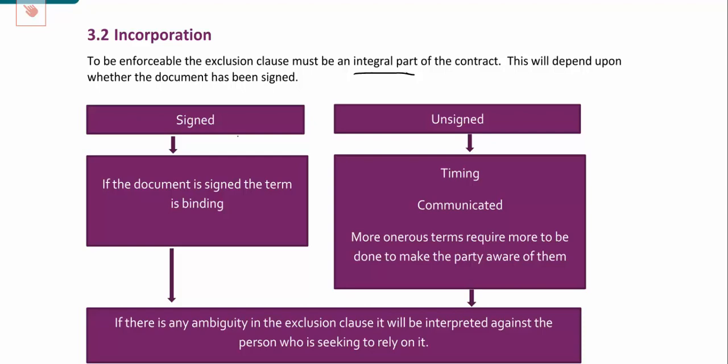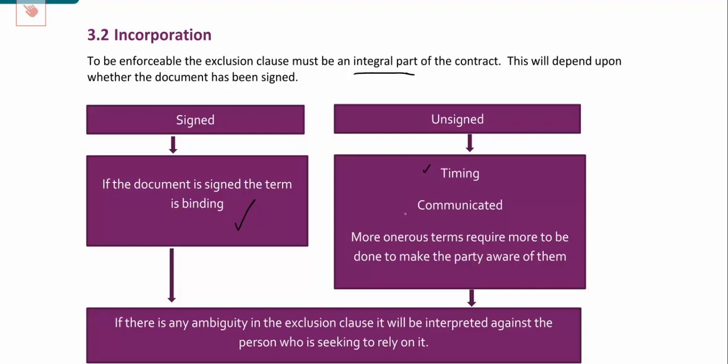If you have a signed document, the basic rule is you're bound by it. It doesn't even matter if you've read it. It doesn't matter if you can read it. The fact that you've signed a document means that you're bound by it. And that usually will apply to the sort of electronic signature where you tick the box on a computer screen as well.